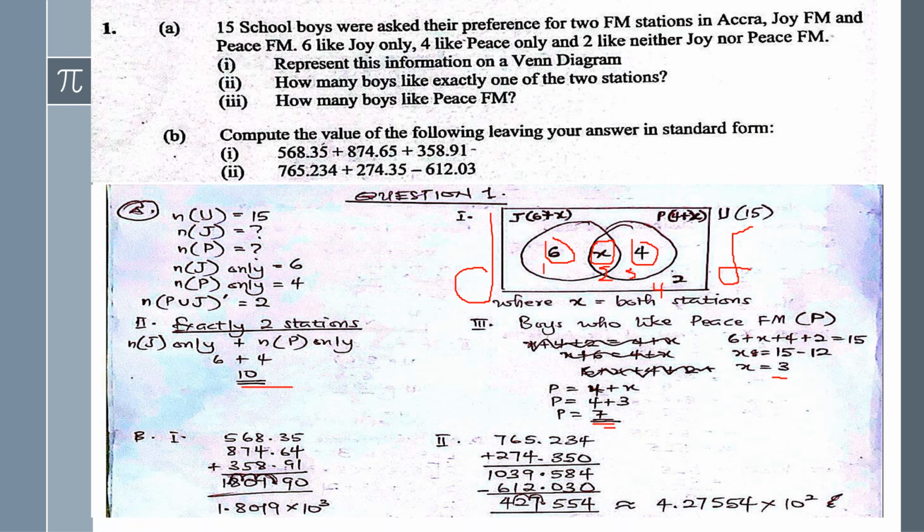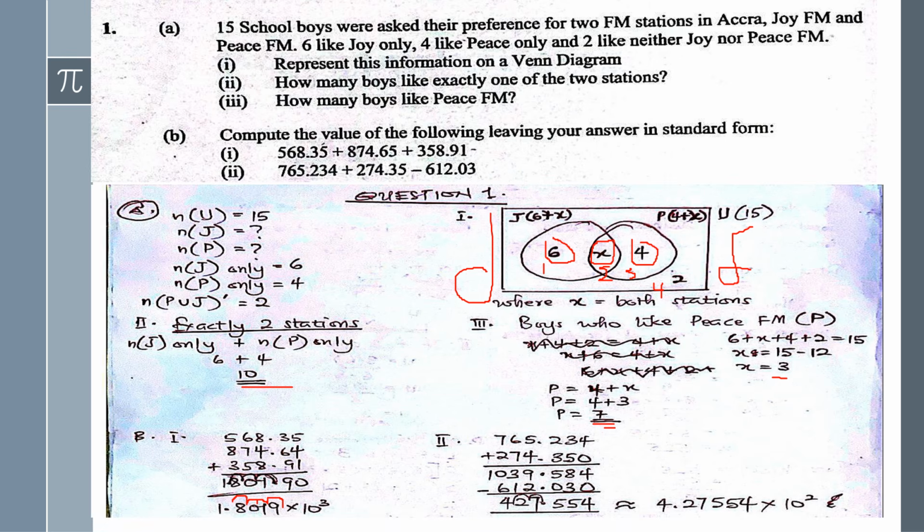BI, we have to compute the value of the following. I is an addition, so you arrange it in the vertical column form, and then you are going to have 180190. You have to leave this in the standard form, so you count 3 times, 1, 2, 3 and then 4.